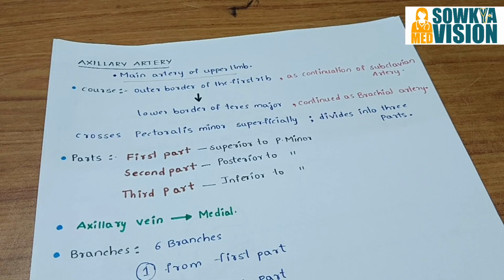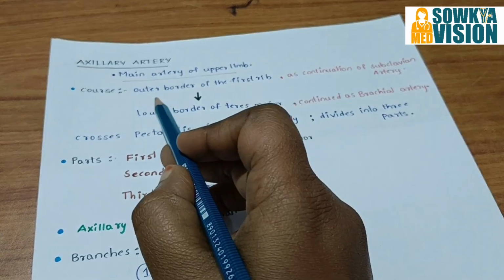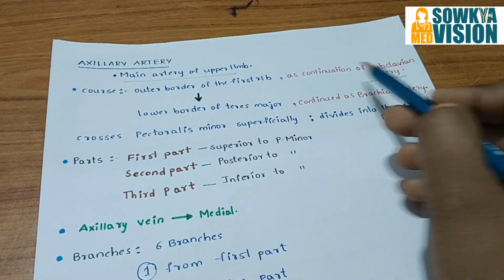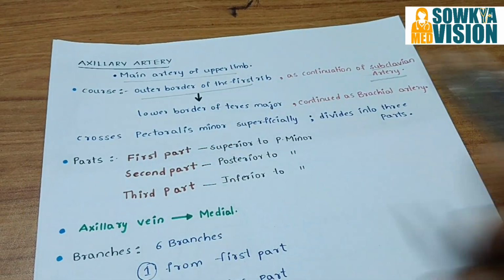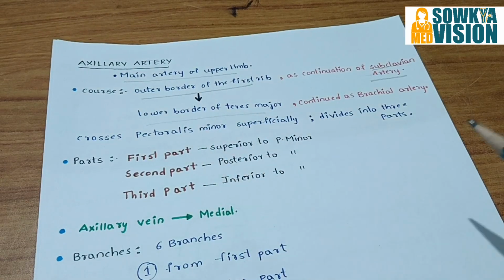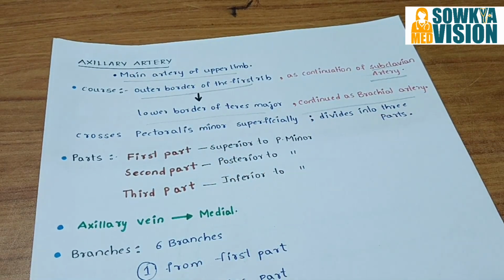It is continued from the subclavian artery at the outer border of the first rib. At the lower border of the teres major, it continues as the brachial artery in the arm.